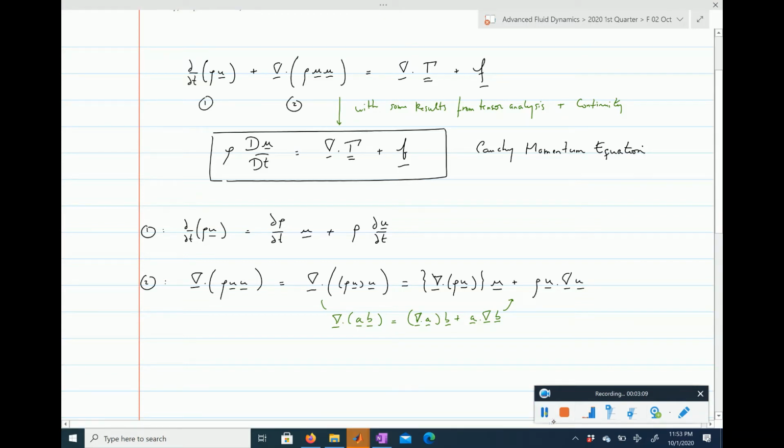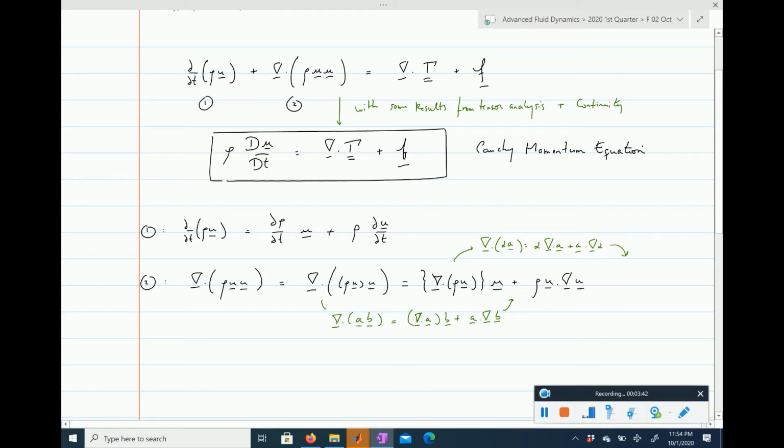And then we can use a second mathematical formula to simplify this divergence here, right? Because the divergence of a scalar field alpha times a vector field A is equal to the scalar field alpha times the divergence of A plus A grad alpha.